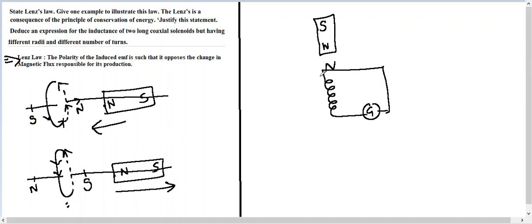Similarly, when the north pole of the magnet is moved away, the south polarity develops on the upper face of the coil. Therefore, work has to be done against the force of attraction in taking the magnet away from the coil.